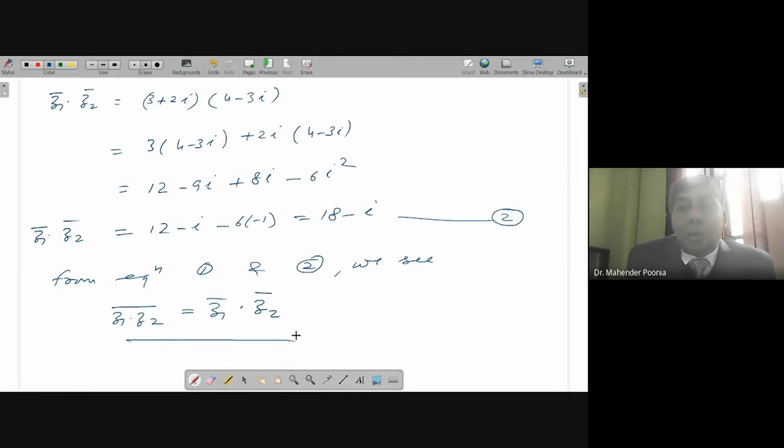So this is the property that if we multiply two complex numbers and then find the conjugate, it is always equal to the multiplication of their conjugates separately. मतलब दोनों का हम मल्टीप्लाई करके फिर कॉन्जुगेट निकाल लें या पहले कॉन्जुगेट निकाल करके और फिर मल्टीप्लाई करें, द वैल्यू विल बी रिमेन्स अनचेंज्ड. राइट?